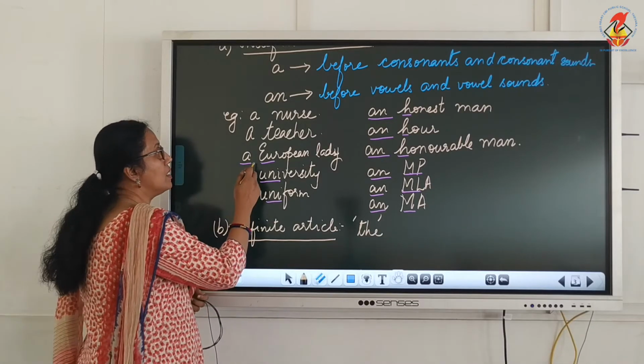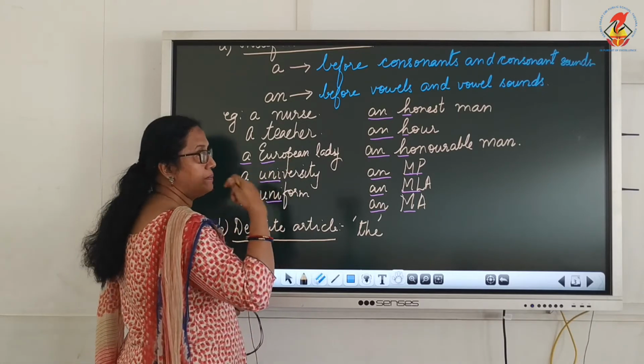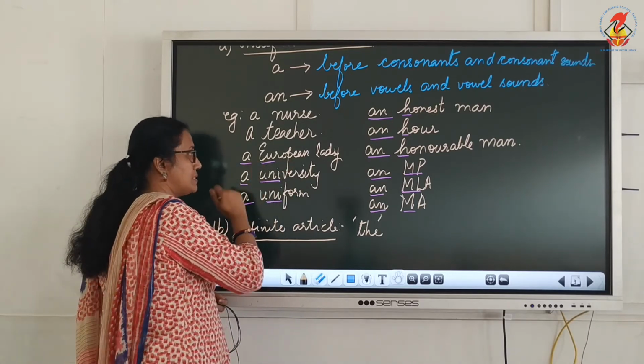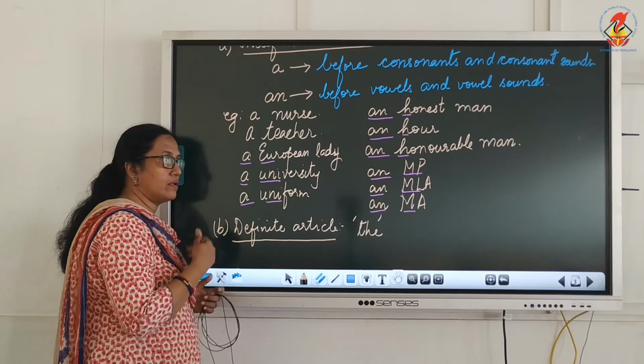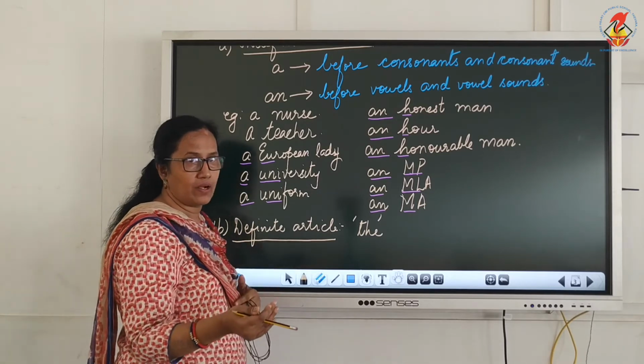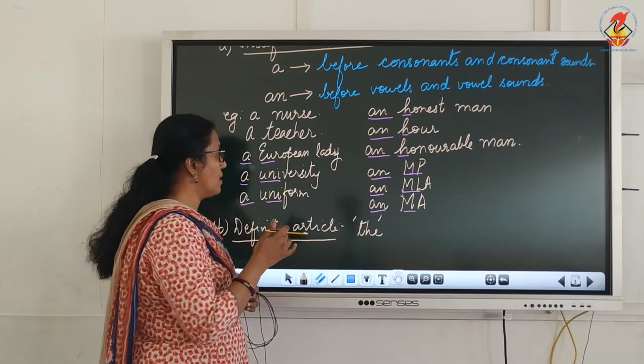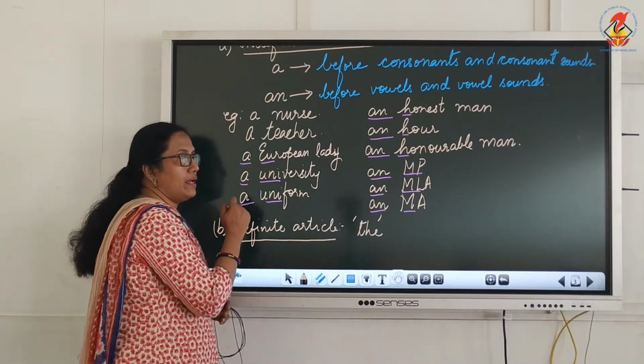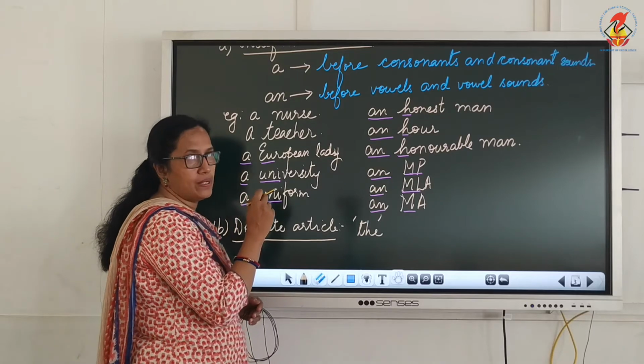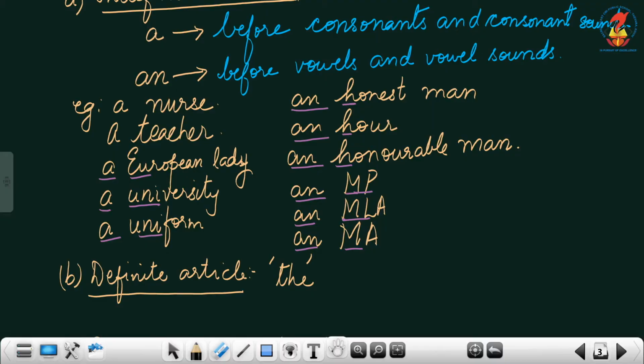So a European lady. Though this word starts with an E, which should automatically put it in the category of a vowel, when you pronounce the word, the sound you get is 'yu'. So here it is a European lady.